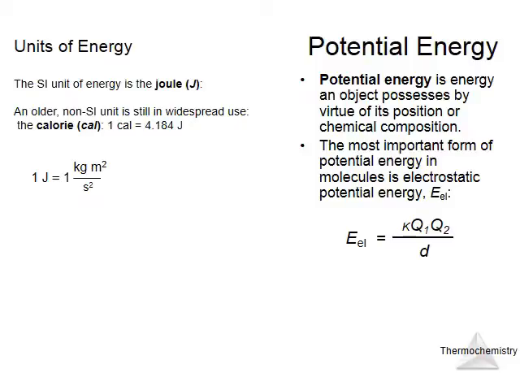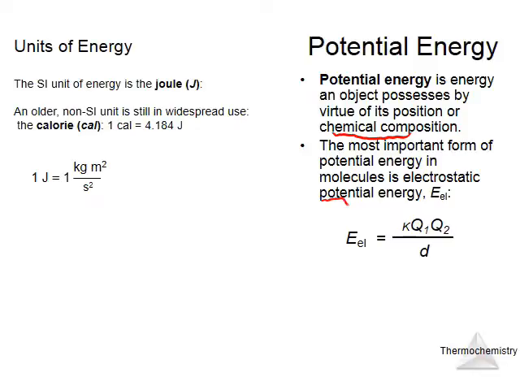In the case of a chemical reaction, it is due to chemical composition. And we are going to explain later how this potential energy changes from one chemical composition to another, which leads to an exothermic or endothermic reaction. That means in some cases energy is given off, in some cases energy is absorbed.